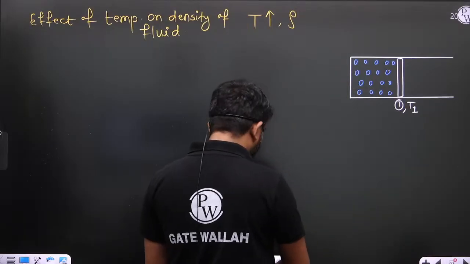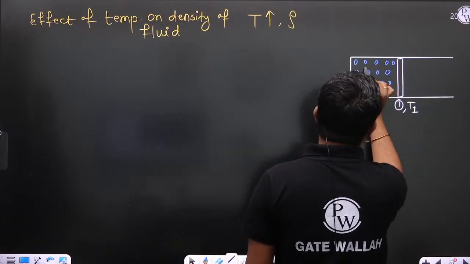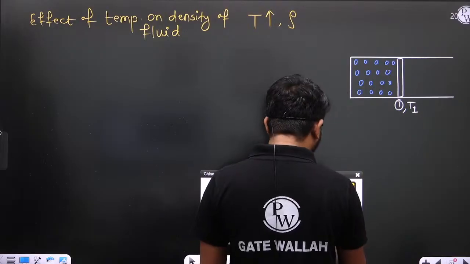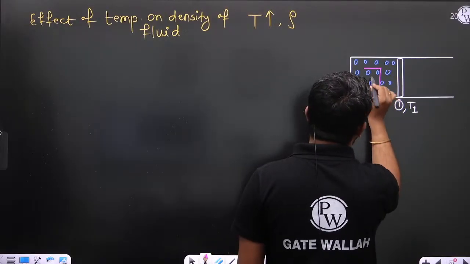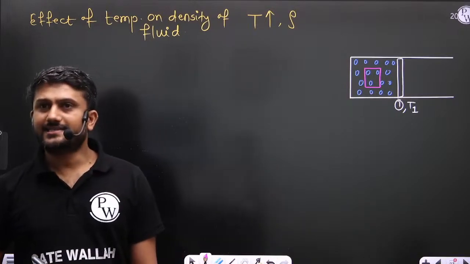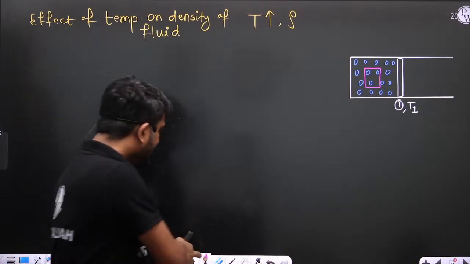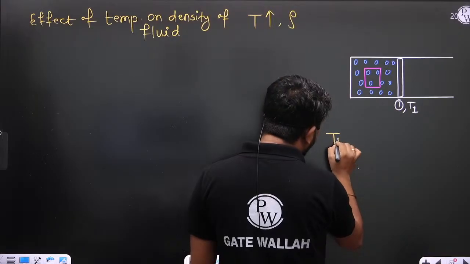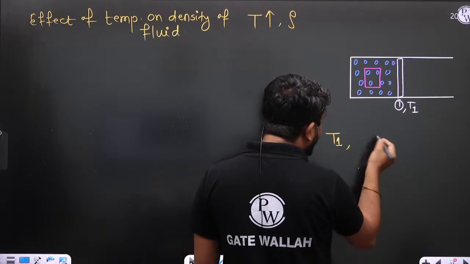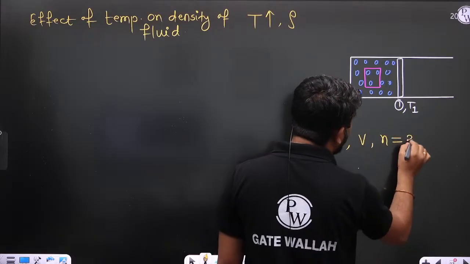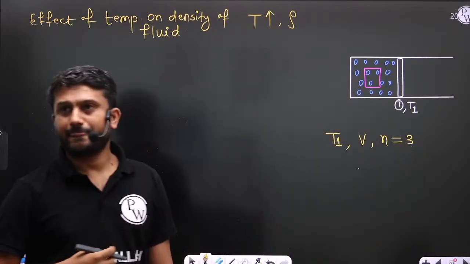Now, again I am considering a volume. Let us consider this volume, beta. Right? Now, when the temperature is T1, in a given volume, the number of molecules is, let us consider, 3.